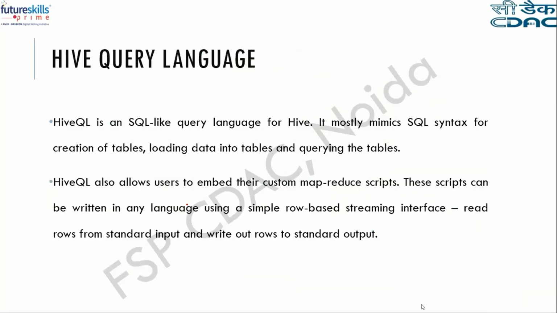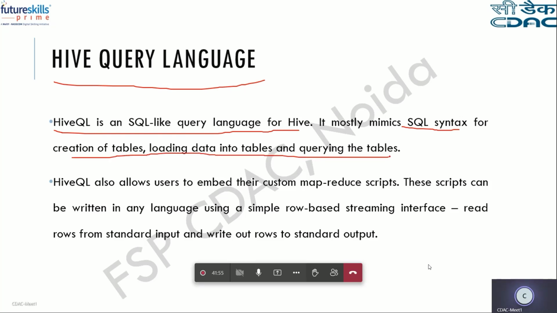Okay. Now, this is just for completion purposes, as I have already told you that HiveQL is a SQL-like query language for Hive. The query language is called Hive Query Language, HQL. It mostly mimics SQL syntax for creating tables, loading data into tables, and querying the tables.